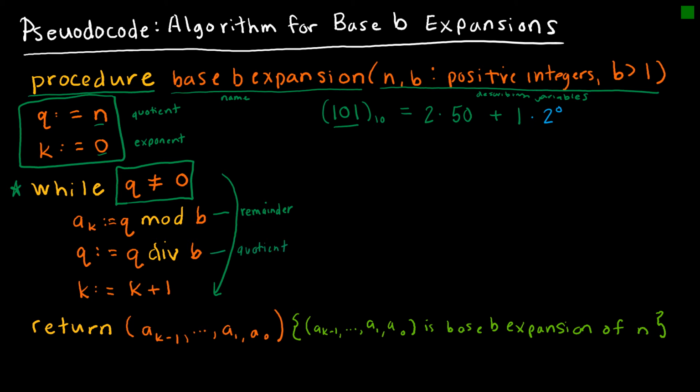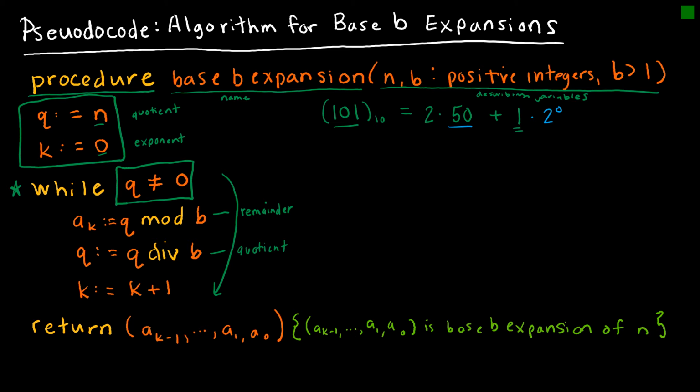So what it's telling us is essentially that a sub k, whatever's being multiplied by base b to the k, is going to be the remainder. And it also tells us that q is going to be whatever the quotient was once I divided it by b, which tells me, hey, now use 50.